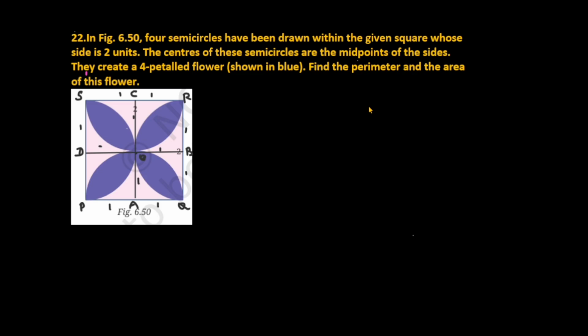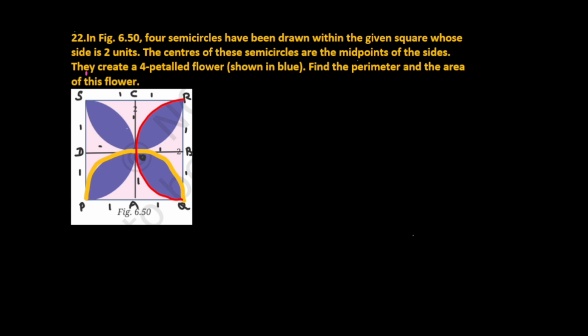Now, we are having 4 petals. Look at the 4 petals. 2 petals are based on each side. Based on PQ, we can see the length of 2 petals. This is one portion of one petal. This is another portion of another petal. This is the semicircle based on PQ. Same way, based on QR, this is another semicircle covering 2 petal sides.